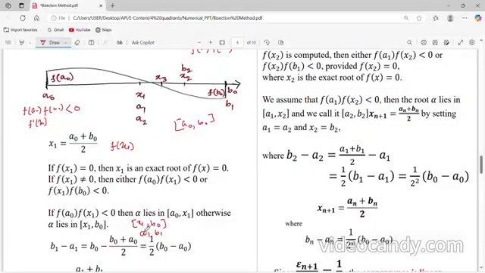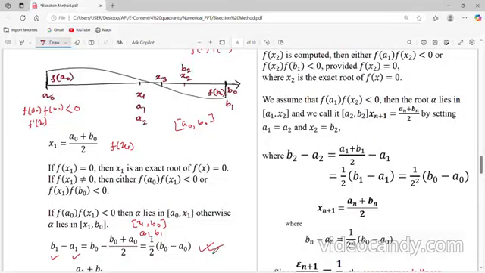After renaming the interval, the root lies between a1 and b1. So b1 minus a1 equals b0 minus x1, where x1 means (a0 + b0)/2. So here b1 minus a1 equals half of (b0 minus a0).